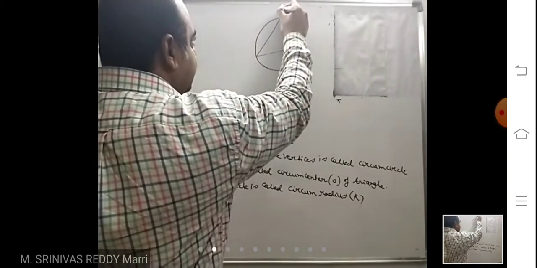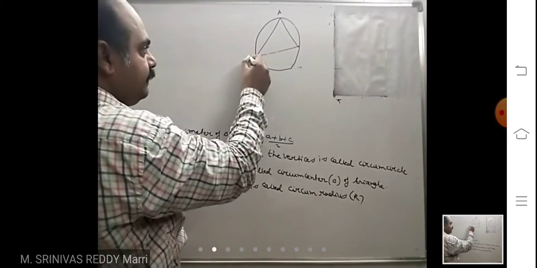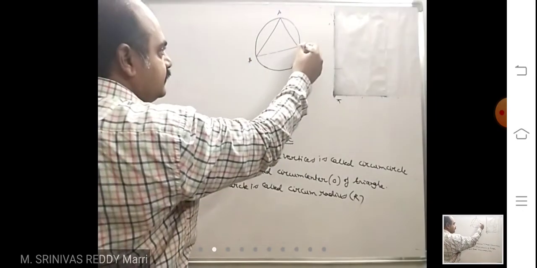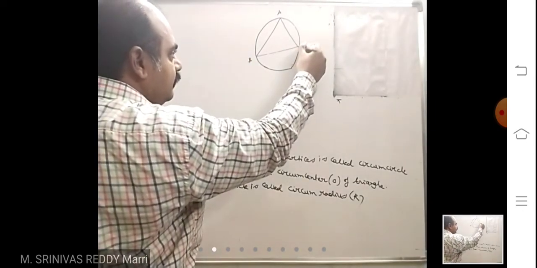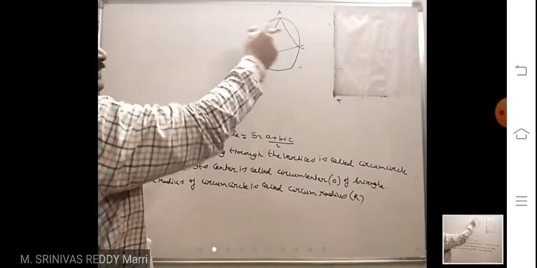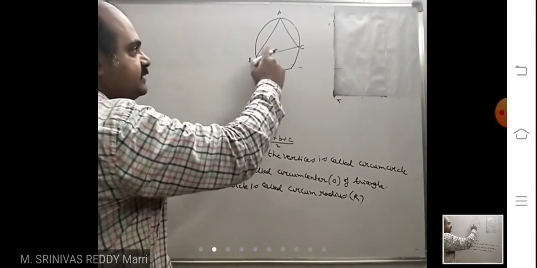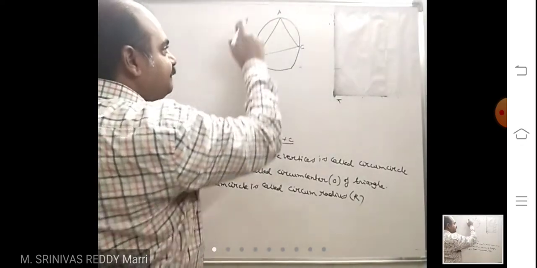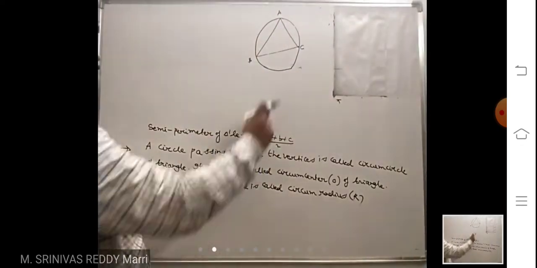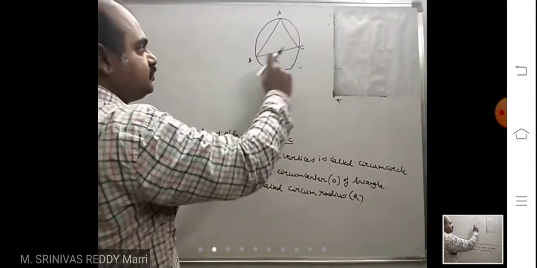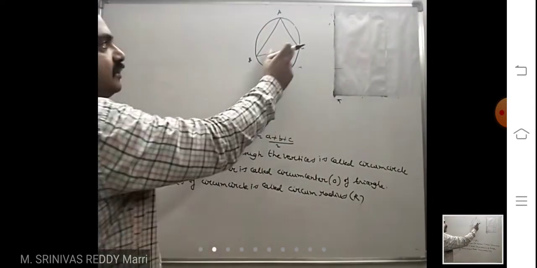There is a triangle ABC. Look at this circle. It is passing through the three vertices, that means the three vertices are lying on the circle.